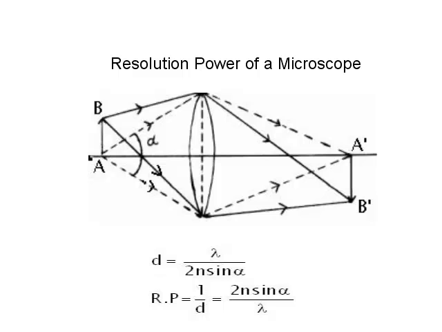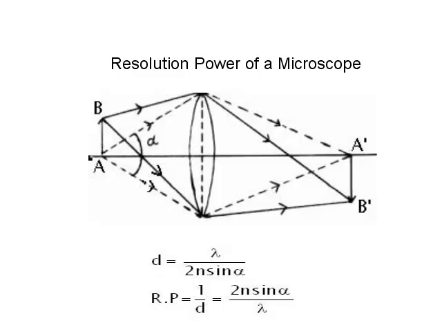The reciprocal of limit of resolution of the microscope is its resolving power. The figure shows two objects A and B separated by distance d in front of the objective of a microscope. Let alpha be the angle subtended by the object at the objective.